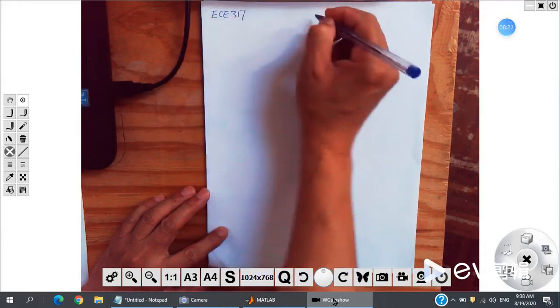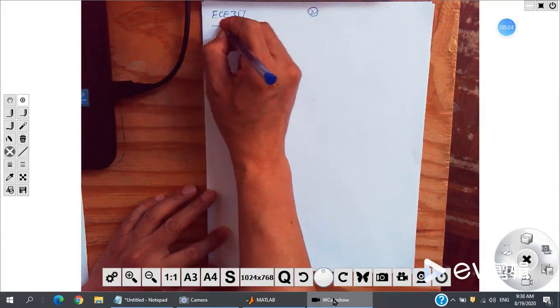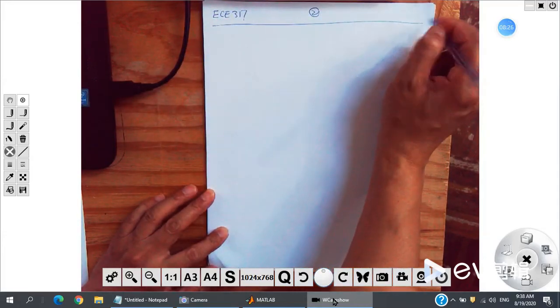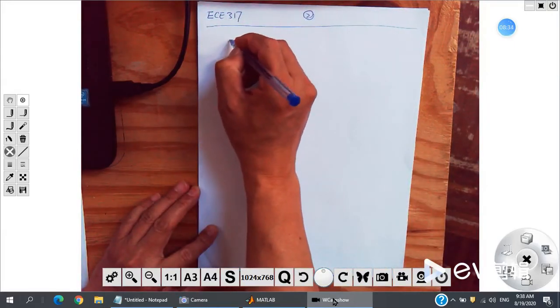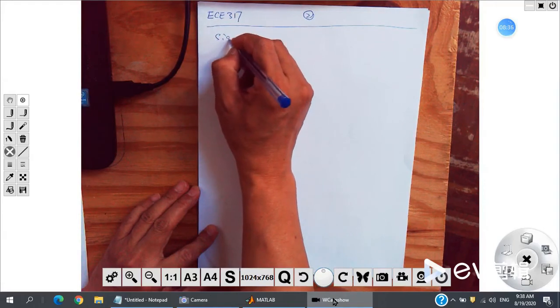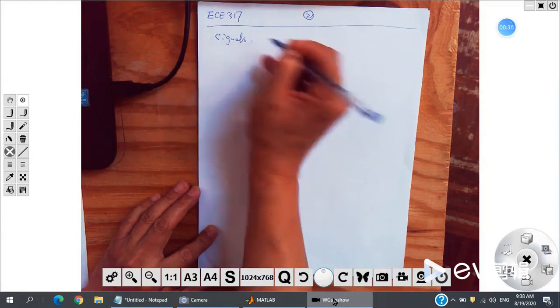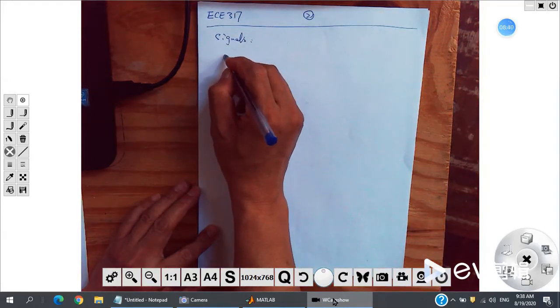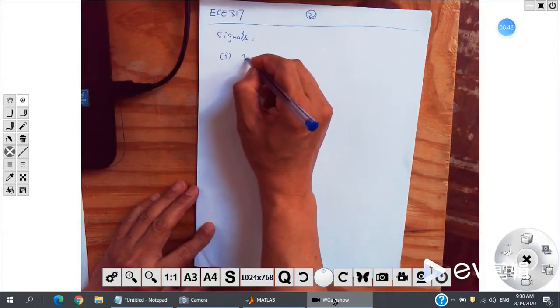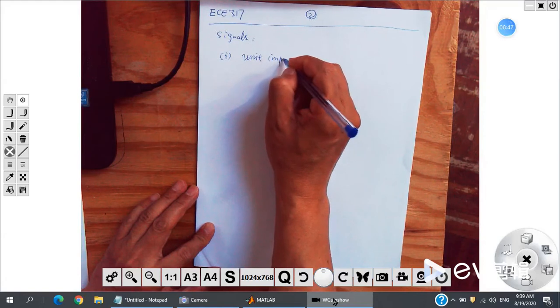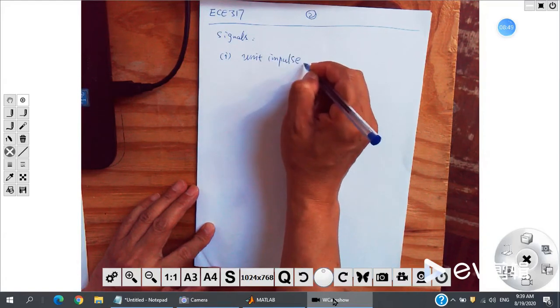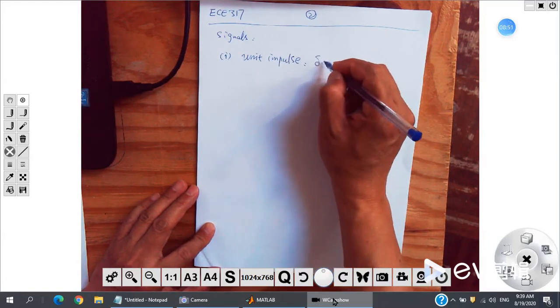ECE317, this is the second class. Okay, so we want to study some special signals. The first one is the unit impulse. We denote it as delta of n.